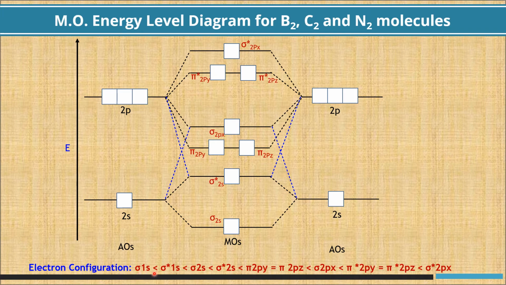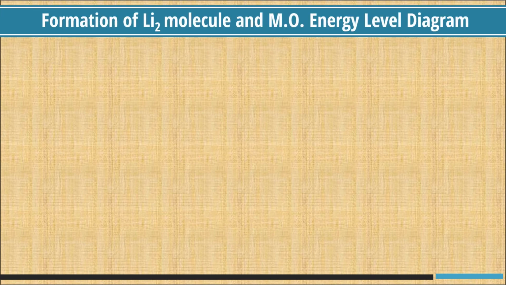So sigma 1s less than sigma star 1s less than sigma 2s less than sigma star 2s less than pi 2py equal to pi 2pz less than sigma 2px less than pi star 2py equal to pi star 2pz less than sigma star 2px. Here it was sigma 2px before that, instead of which it is now pi 2py equal to pi 2pz. So in this way, the electronic configuration sequence has been changed for B2, C2 and N2 molecules because the energy gap between the 2s and 2p orbitals is less. Let us consider the formation of the Li2 molecule and its molecular orbital energy level diagram.